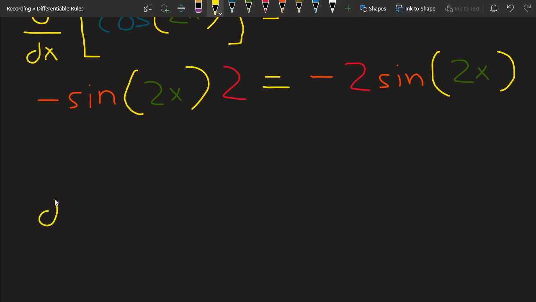So if we're asked to find the derivative, let's say, of secant of pi x.